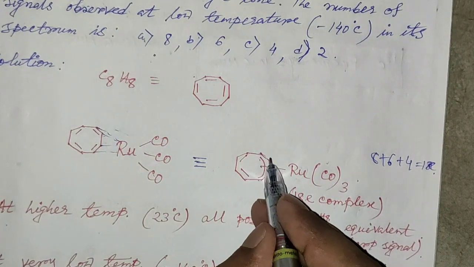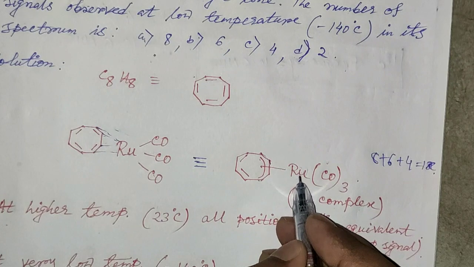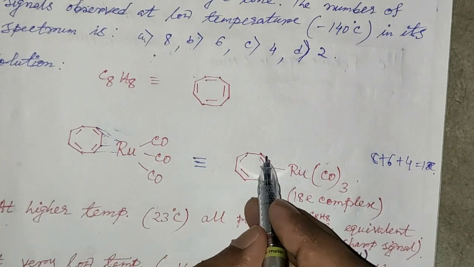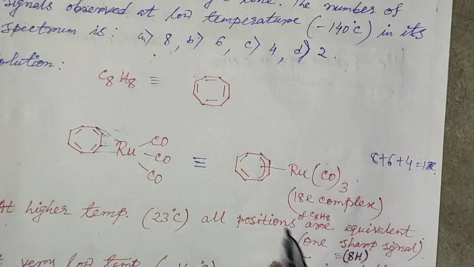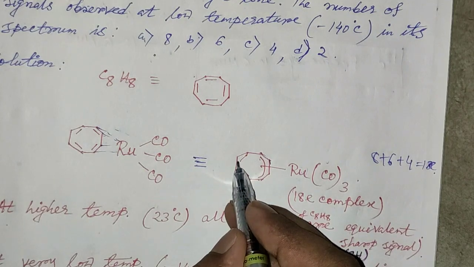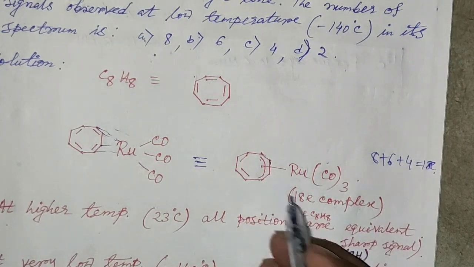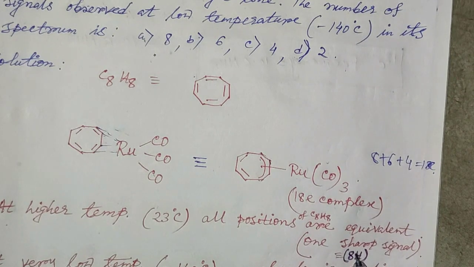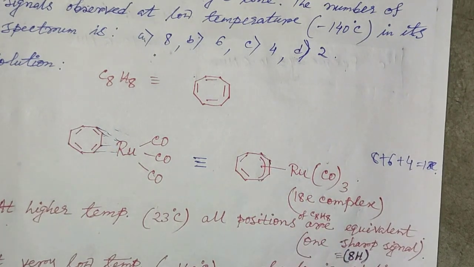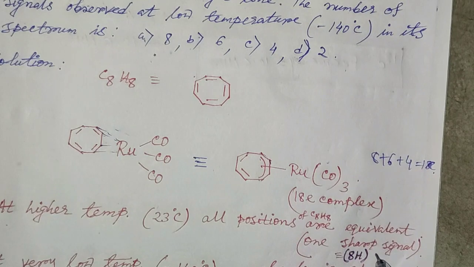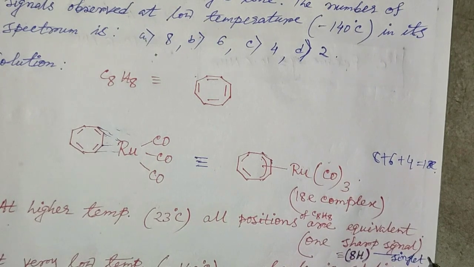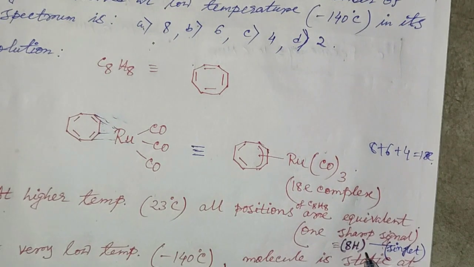That means there is an equilibrium of coordination between this ruthenium center and these 8 carbon atoms, and for this reason all the 8 protons will behave as chemically equivalent protons, and the peak will arise for these 8 chemically equivalent protons as a sharp singlet peak, and the integration corresponding to the peak is 8 hydrogen atoms.